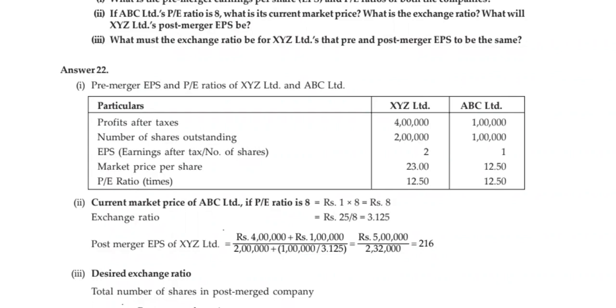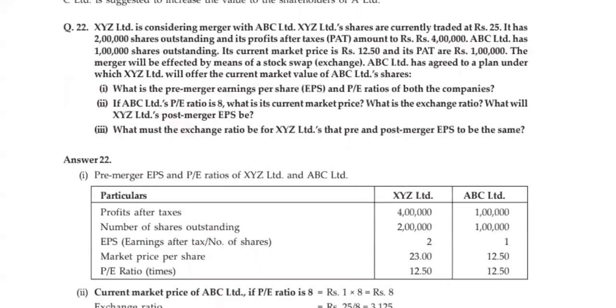Now, what is the exchange ratio? The next question is, what is the exchange ratio? So how do we find out this exchange ratio? Exchange ratio is equal to the market price divided by their total market price, that is 8. 25 was the total price given in the problem, currently traded at 25.